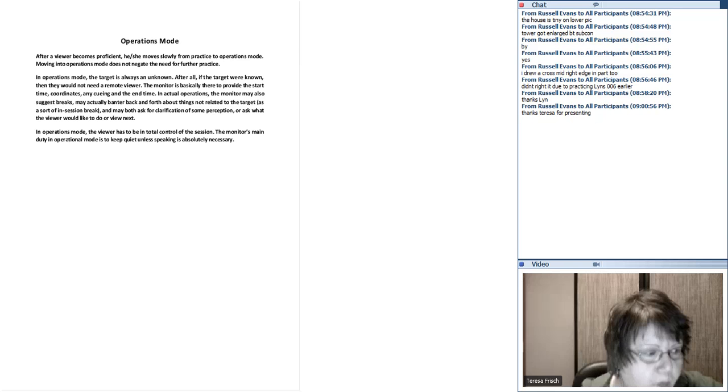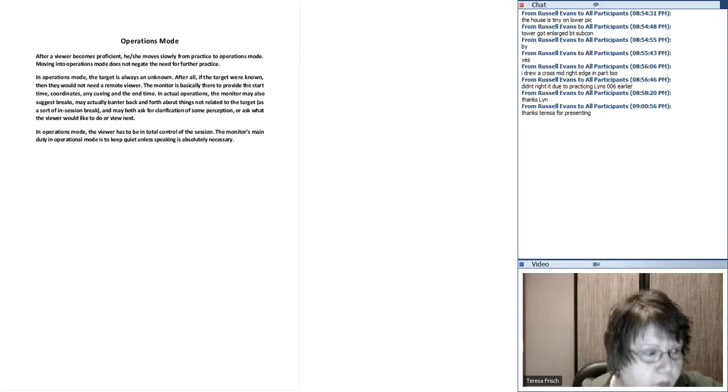They may or may not know what the overall target is, but they never know what the unknown is, what the information is, simply because if they knew it, you wouldn't need a session. So, yeah, there are lots of different differences between all of these different modes, the way they're conducted and so on.